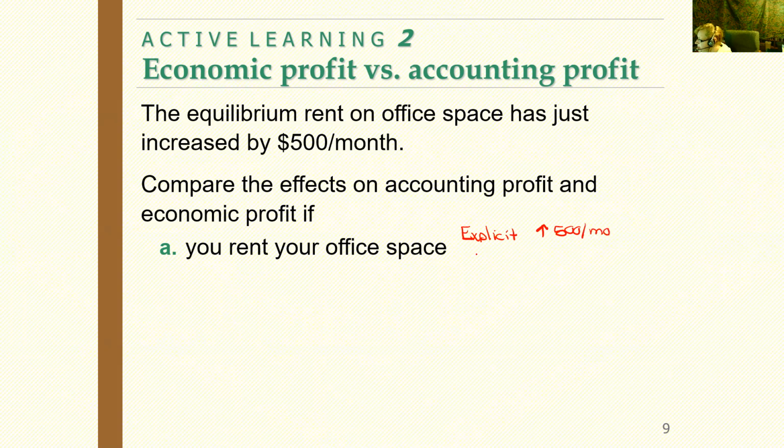Do you have any implicit cost? Well, not really, because you don't own it. So in the first scenario, accounting profit is going to decrease by $500 a month because it's a cost, it's something you're paying. And the economic profit is also going to decrease by $500 per month.